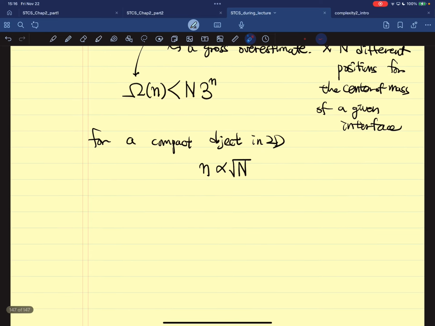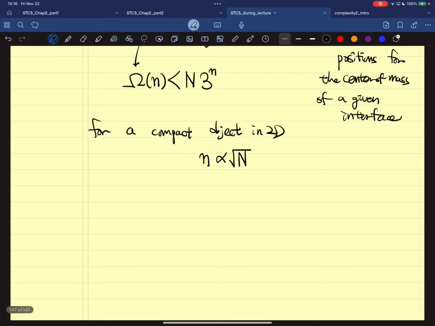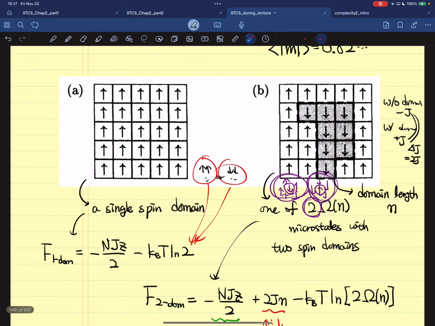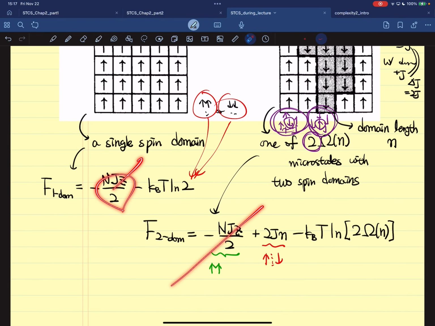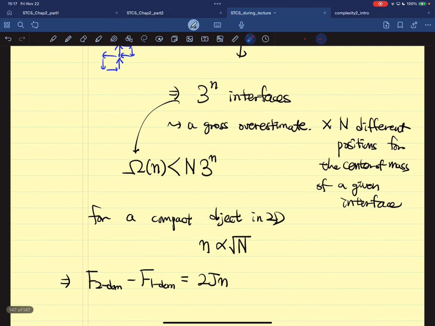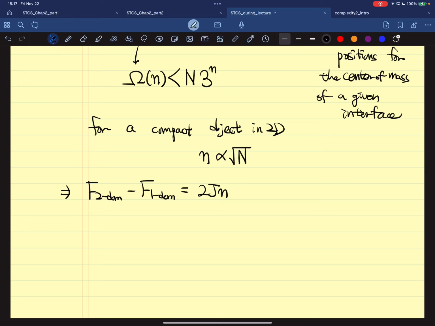So in this case, finally, you can see that the difference is given by 2jn. If you recall this difference, this one cancels out, and we have this term, and this one minus this one. So in this case, we have this KBT log omega n.